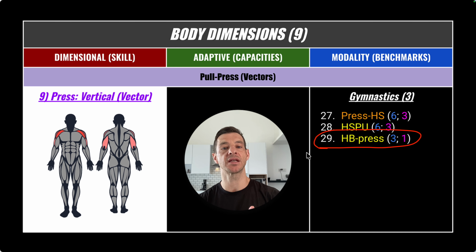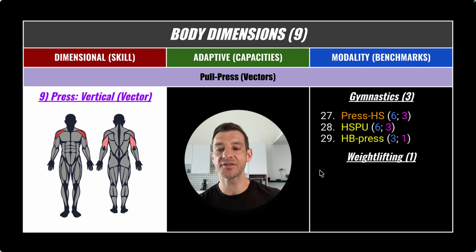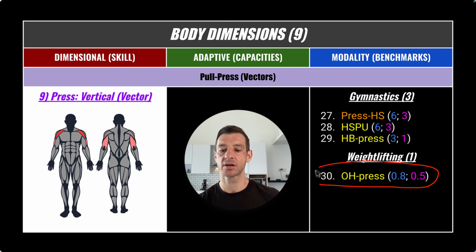The hollow back press is a benchmark of dynamic bent arm overhead strength as well. In the weightlifting category, we have the overhead or military press, which is a benchmark of dynamic bent arm overhead strength and is the final benchmark in the series.